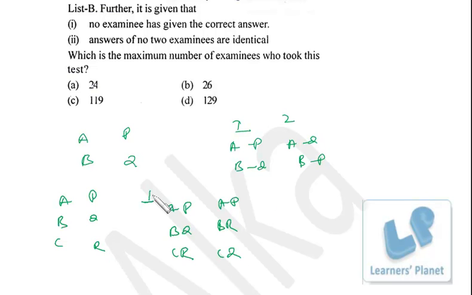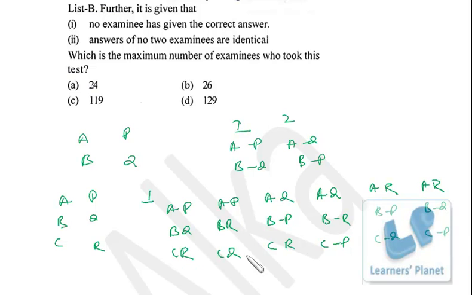Similarly, if we take AQ, it is BP and CR, or BR and CP. The same for AR: it is BP, CQ or BQ, CP. Now these are the total possibilities.